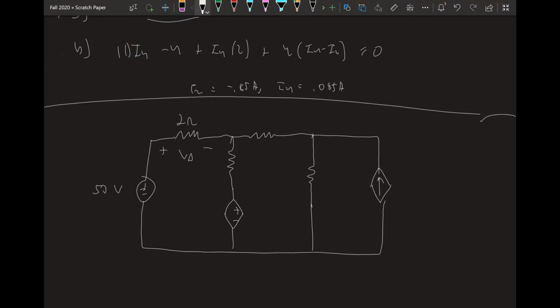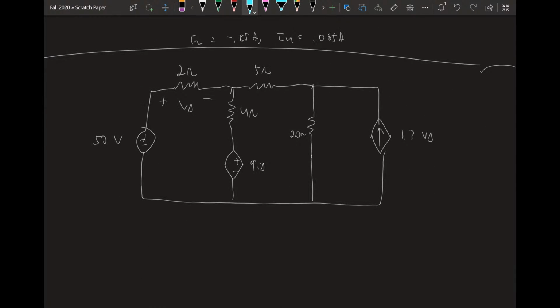I'm going to call this V delta for use in our current source, 1.7 V delta, 9 I delta, 20 ohms, 5 ohms, 4 ohms, that's everything. Okay, let's define our mesh currents. I'll call I1 going this way, I2 going this way, I3 going this way. Oh, I delta. Sorry, this is I delta.